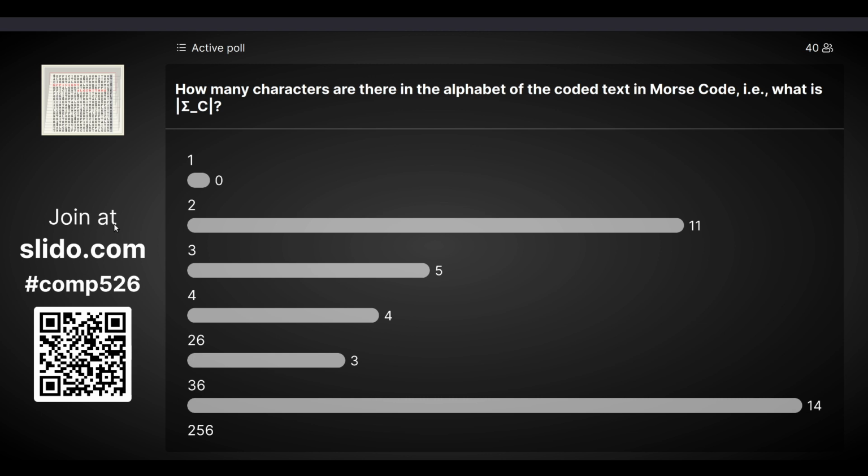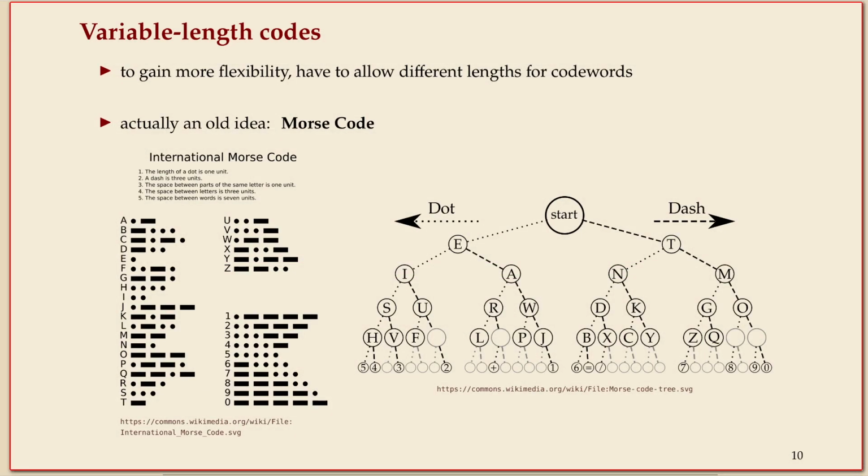Now, I think the correct answer here is quite clear. If it was only two, so there's dot and dash, obviously these two, but then that wouldn't be enough to unambiguously send something. You also have the gap. So in Morse code, you send letter by letter through the sequence of dots and dashes, but then you have to know when one character ends.